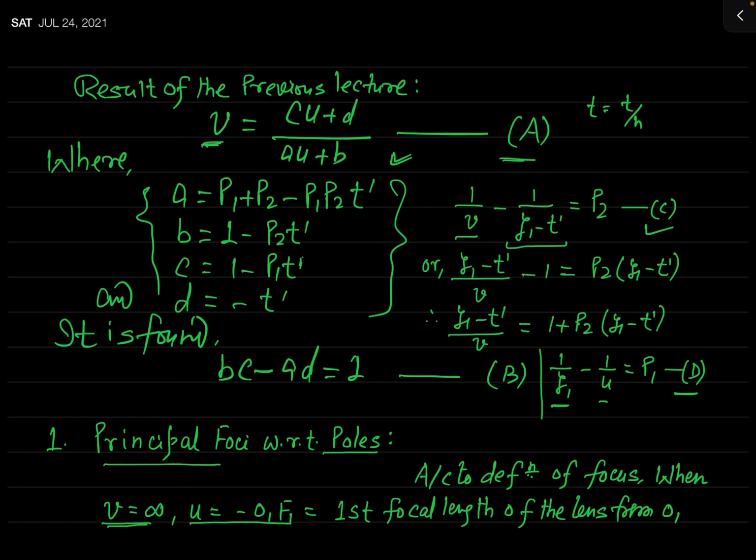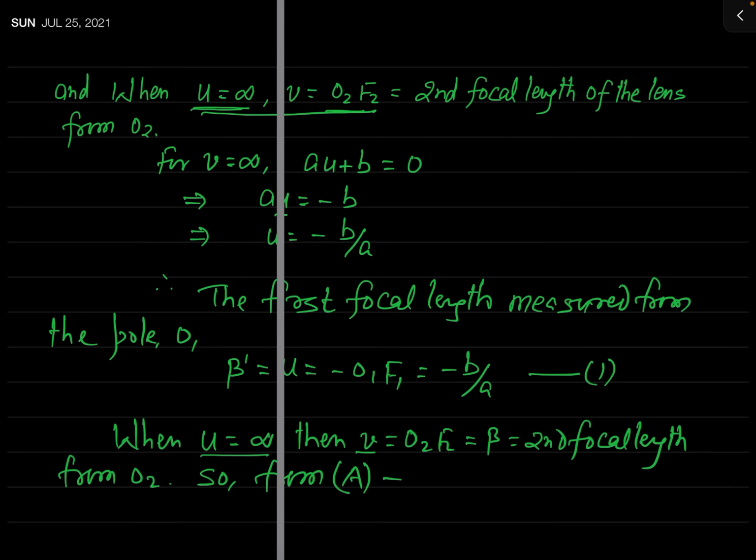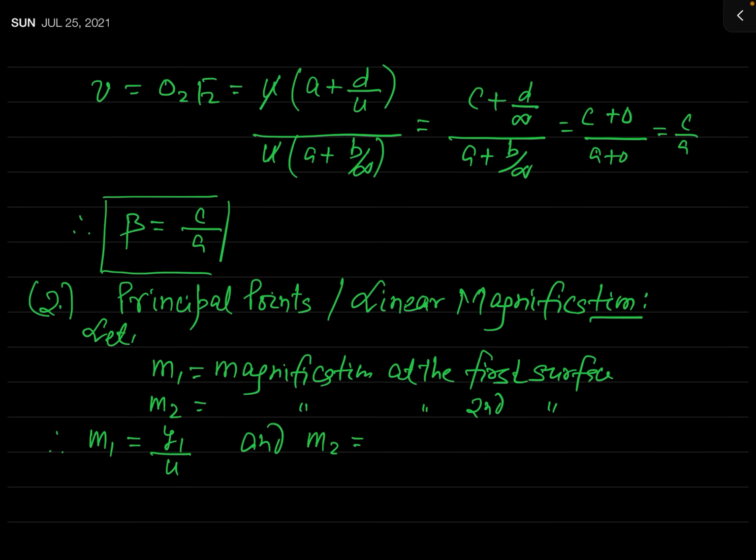So according to the definition, since magnification is the ratio of image distance and object distance, M2 is V over Y1 minus T prime.